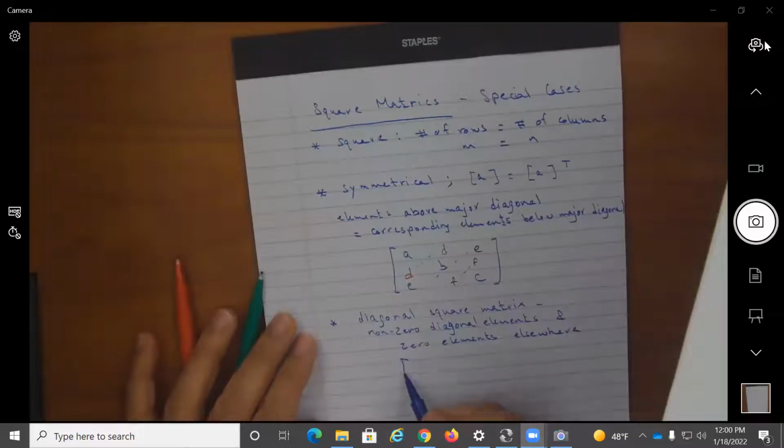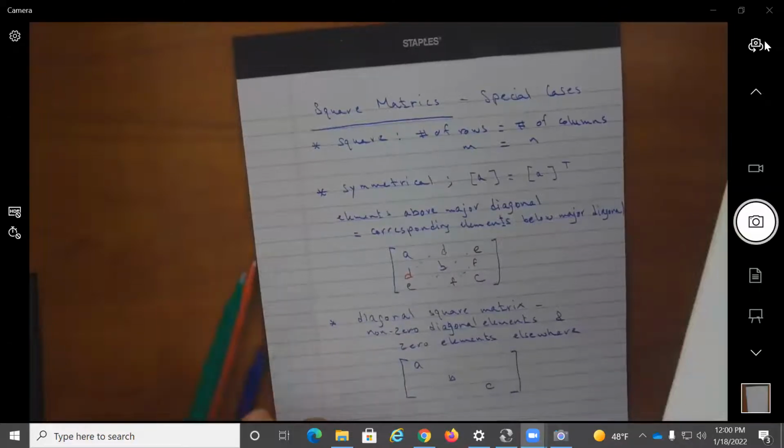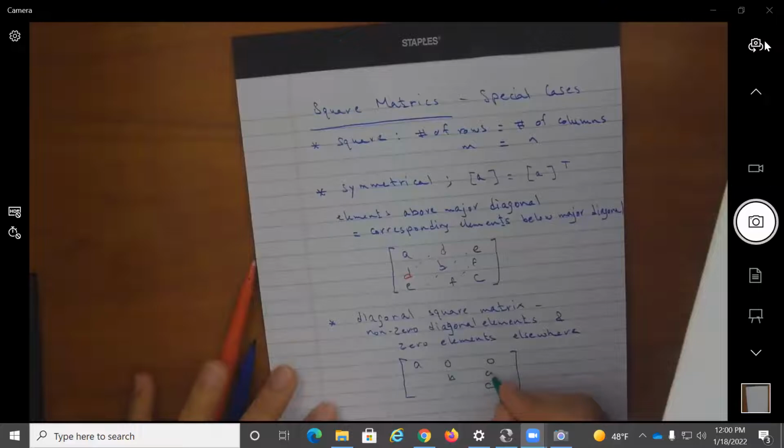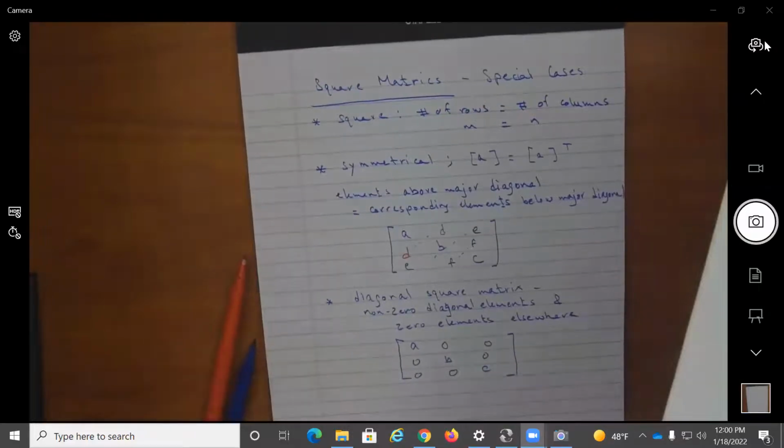So this would be something like this: A, B, C, and then everywhere else I have a zero. That's a diagonal matrix.